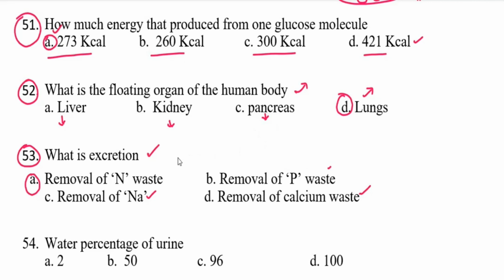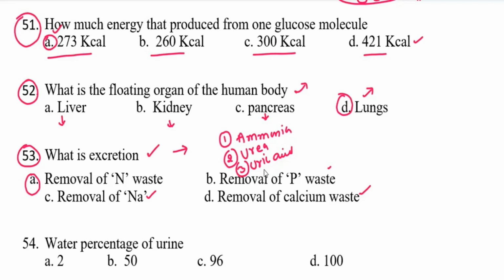In excretion, majorly three kinds of excretory materials can be observed. One is ammonia, the second is urea, and the third is uric acid.